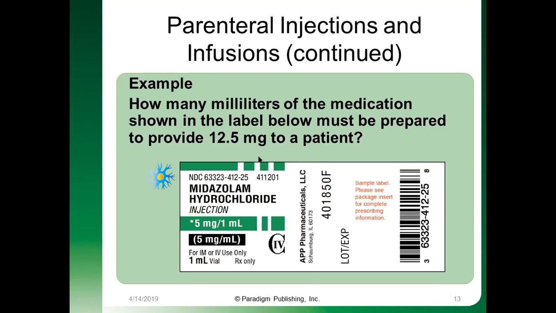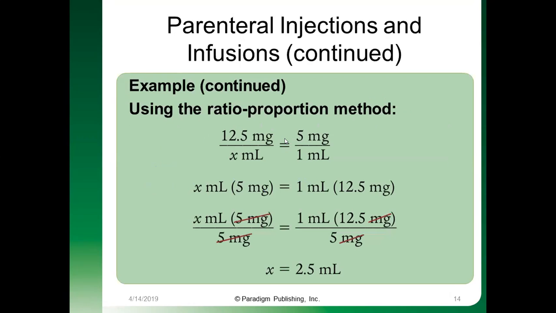Knowing that, we can set up our ratios and proportion. So 12.5 milligrams over the value that we want to know, x mL, is equal to 5 milligrams over 1 mL. So cross multiply: 12.5 times 1 equals x times 5. So x equals 1 times 12.5 divided by 5. So 12.5 divided by 5 is equal to 2.5 milliliters.